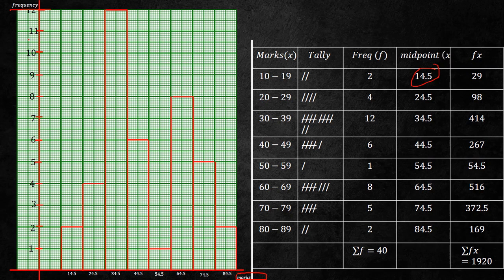Then on this side over here I have the frequency. Now for the frequency, one major problem that students face a lot is how to choose a correct scale for the frequency.